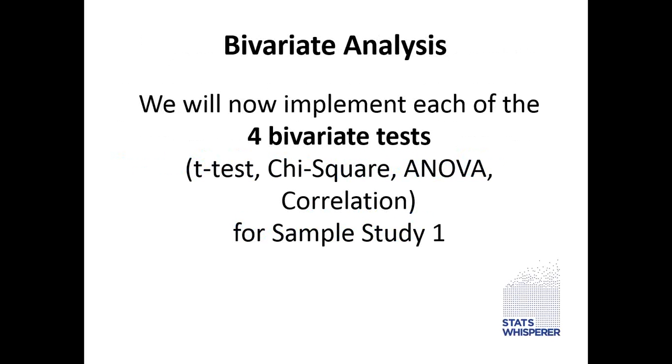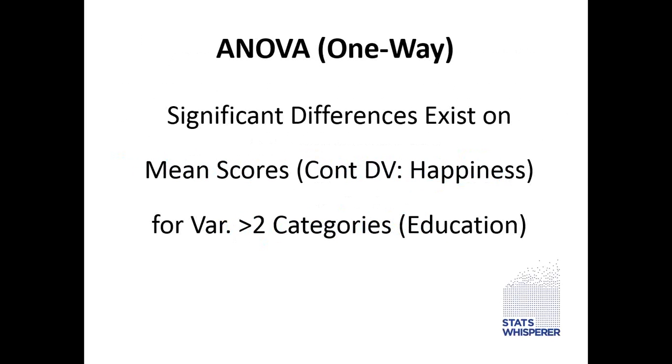Okay, now we're going to implement each of the 4 bivariate tests, the t-test, chi-square, ANOVA, and correlation, for sample study 1, one at a time. So first, let's consider the ANOVA, specifically the one-way ANOVA. What does it do? What's its purpose? What it does is it examines if there are significant differences regarding mean scores, in our case, mean scores of happiness.